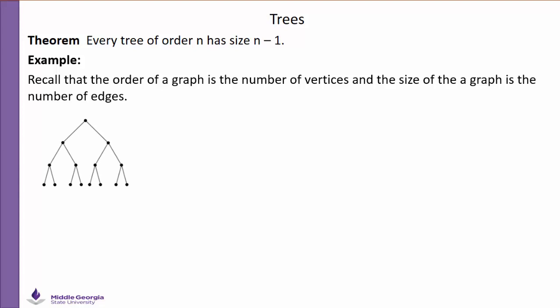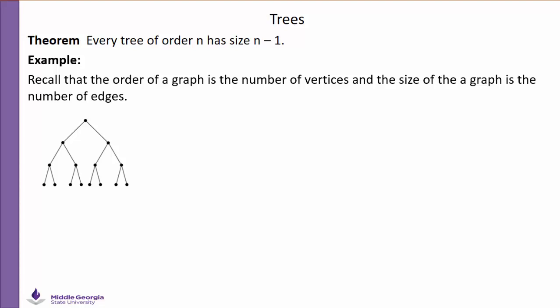Looking at one of our examples from earlier in this video, this graph is a tree. If we count the vertices starting at the top and going down, there are 1, 2, 3, 4, 5, 6, 7, 8, 9, 10, 11, 12, 13, 14, 15 vertices.